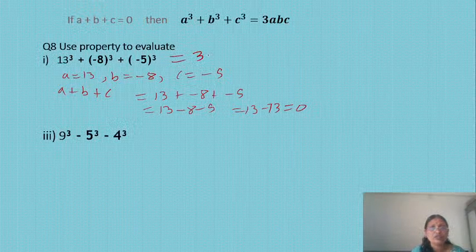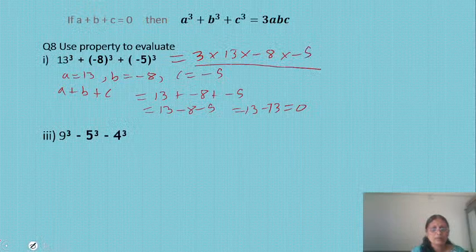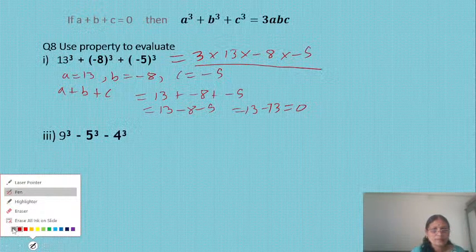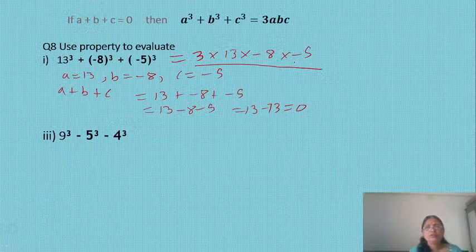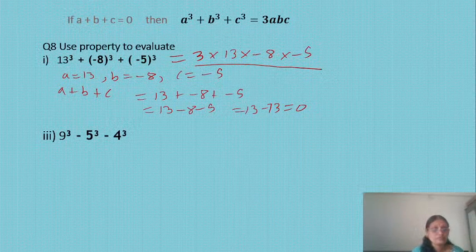I found it is 0. So 3 multiplied by 13 multiplied by minus 8 multiplied by minus 5 is the value of this. Come on, multiply and tell me what is the value.